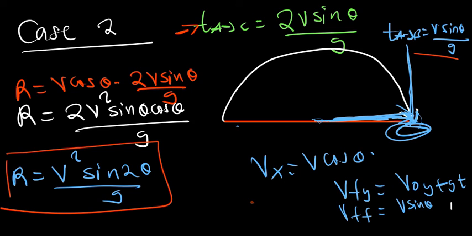Since it is going up, in that case you put minus gt. When you find the answer, remember your vx is that one. Sometimes you can find a negative, sometimes a positive, it doesn't matter, but in most cases it is negative.